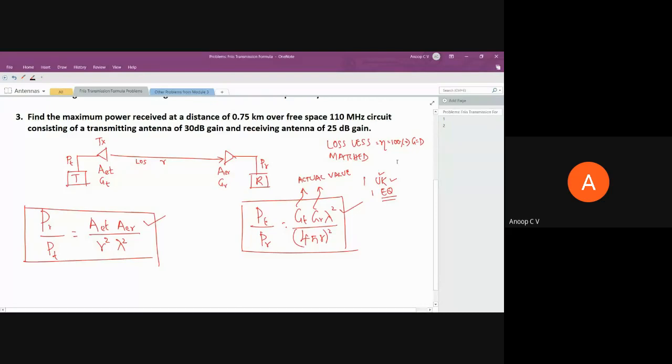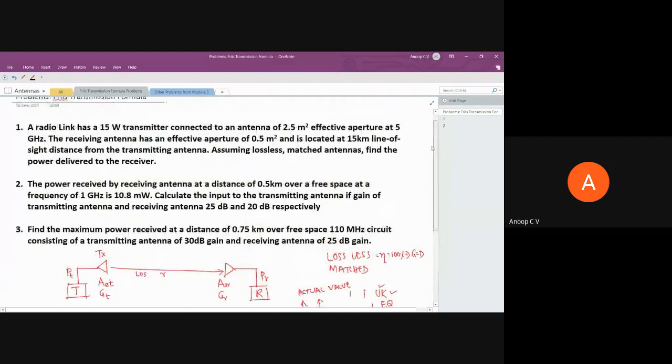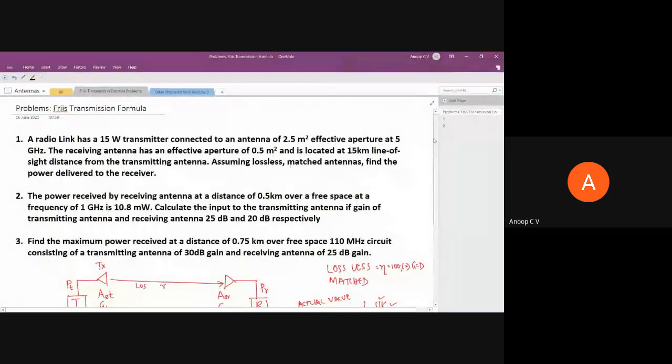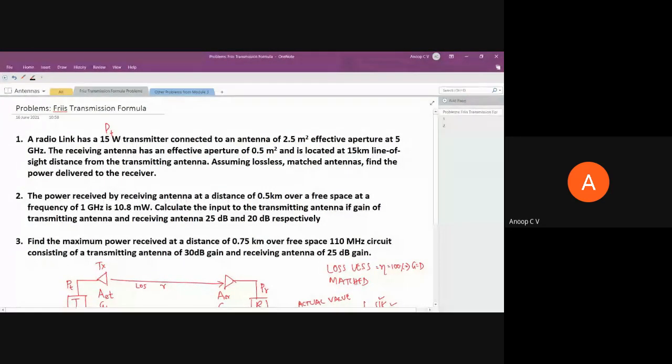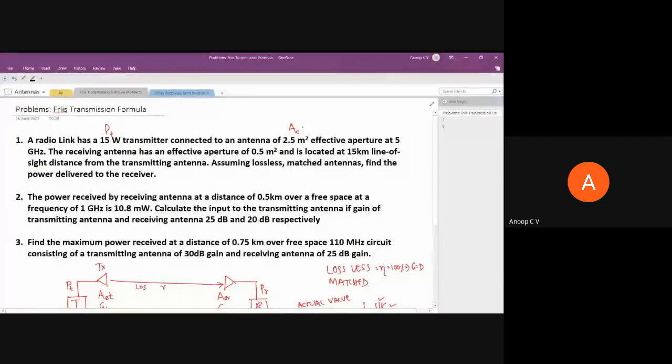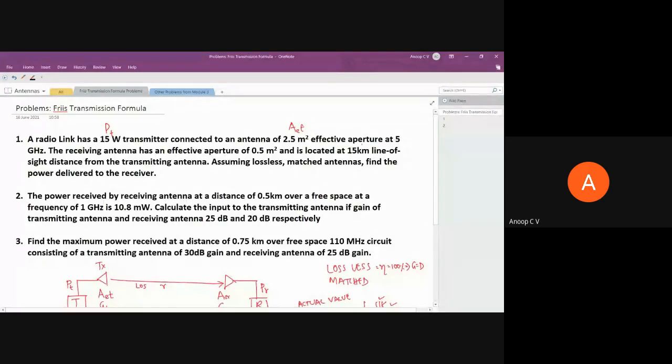We'll just quickly go through the questions. I won't be solving them, since the solution is already made available. A radio link has a 15 watt transmitter, so PT is 15 watt, connected to an antenna of 2.5 meter square effective aperture, so AET is 2.5 meter square, at 5 gigahertz frequency.